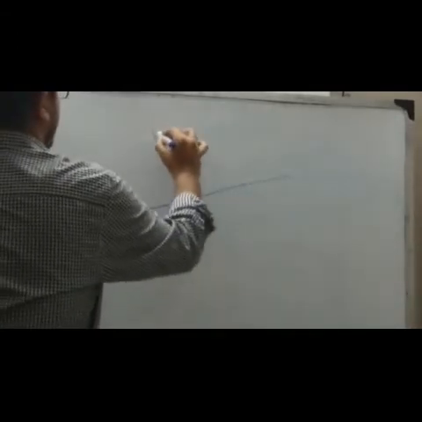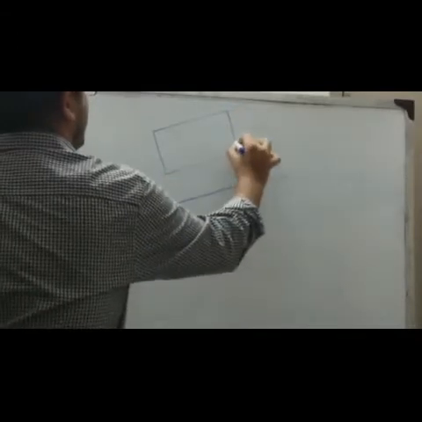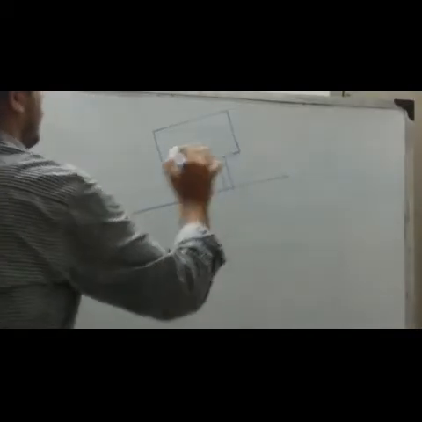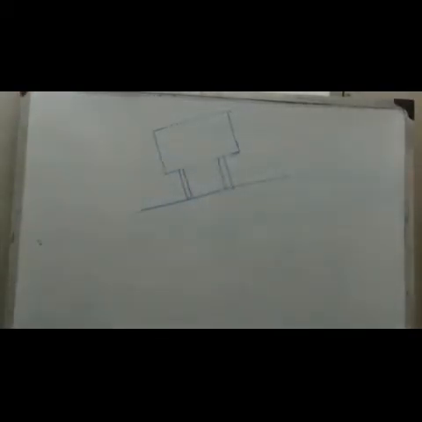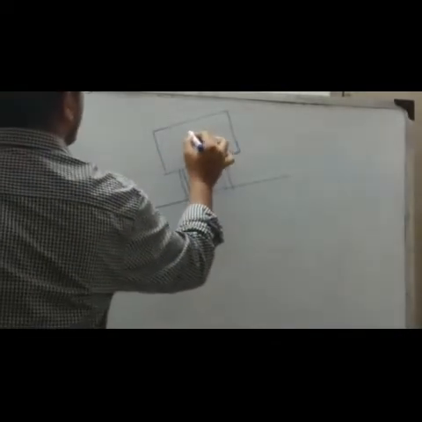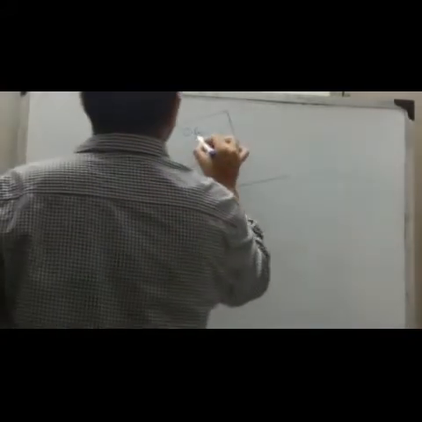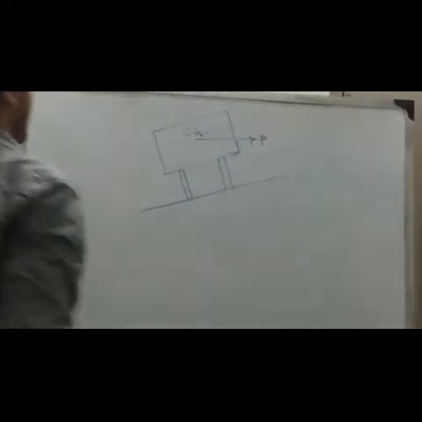Suppose this is the pavement and this is the vehicle, and it has two wheels. This is the CG of the vehicle, and this is the amount of centrifugal force, which is denoted as P.